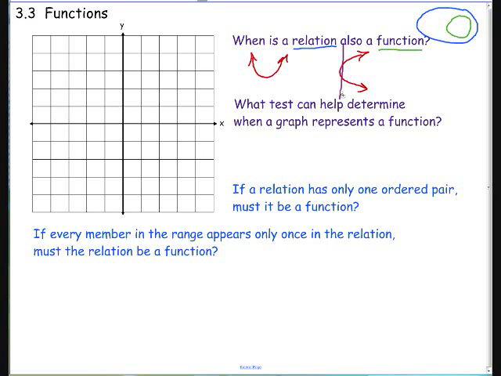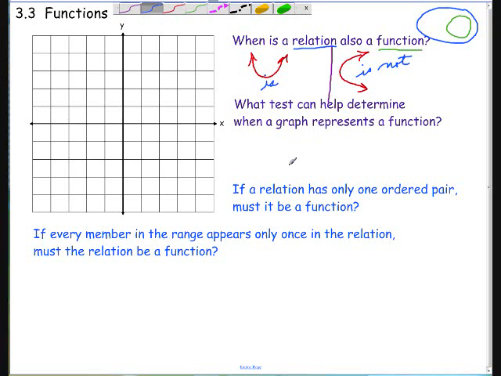Or for some x's, I have 2. If for any of that domain you actually get 2 y values, this is not a function. And we can use the vertical line test to keep us straight on that.